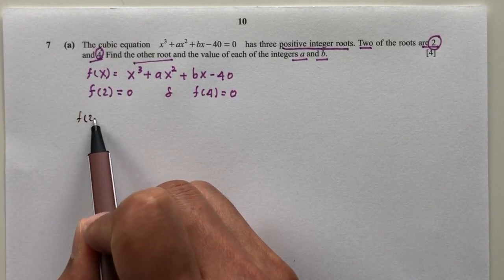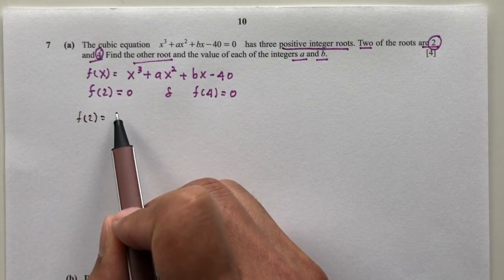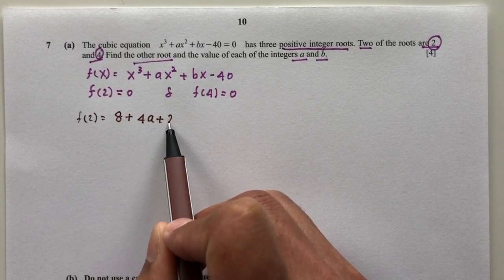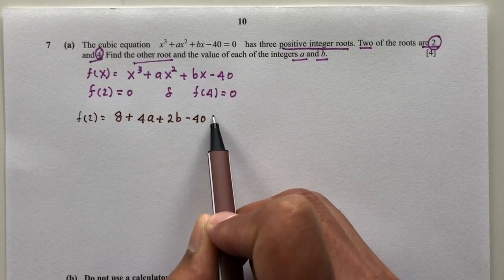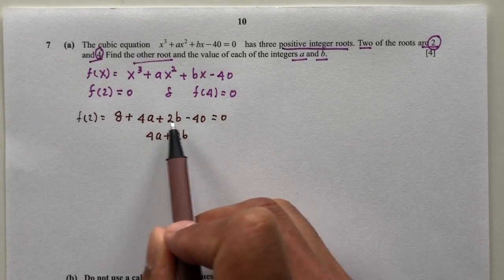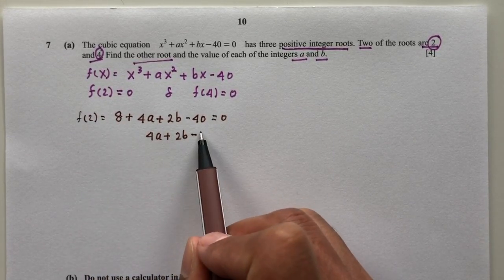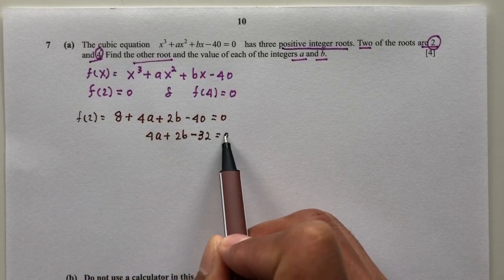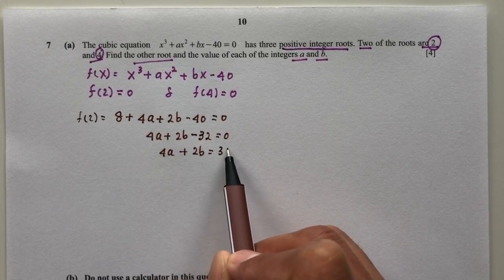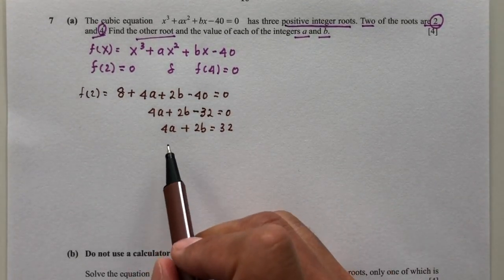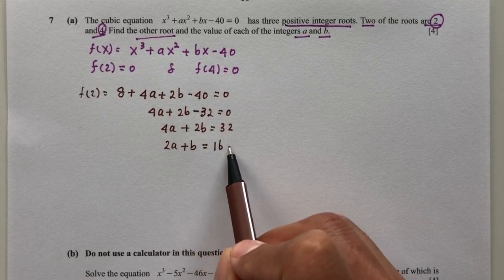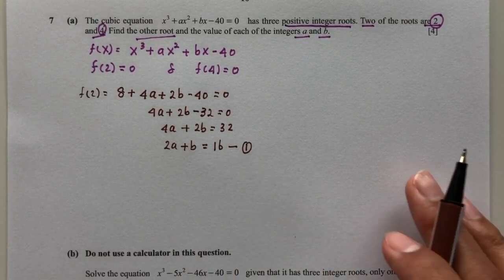F of 2 is equal to, replace, you will have 8 plus 4a plus 2b minus 40 equal to 0. So 4a plus 2b, 8 minus 40 is minus 32, equal to 0. So 4a plus 2b equal to 32. Now divide by 2, you will have 2a plus b equal to 16. That is equation number 1.